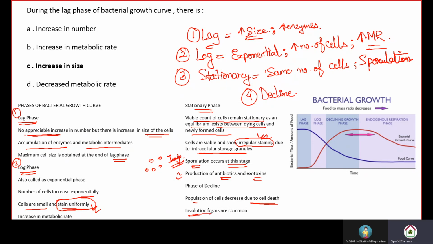Involution forms are common in this phase of decline. You can understand by the name only, phase of decline: the population of cells decreases due to cell death, and involution forms are common.